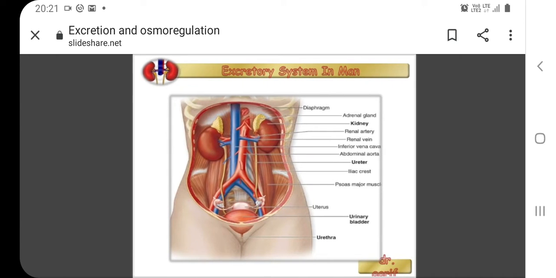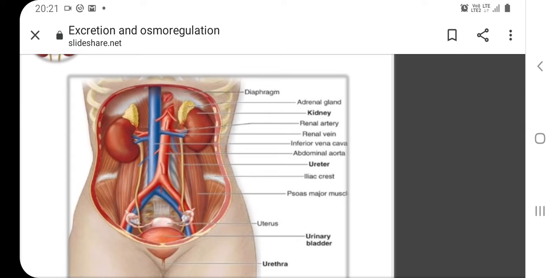Excretory system of man. This is a picture which shows the position of the excretory organ, that is kidney, in the coelom in the human body cavity. The position of the kidney is just below the diaphragm in the abdominal region.